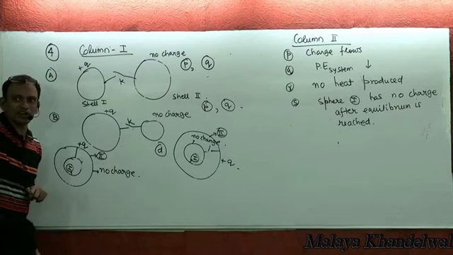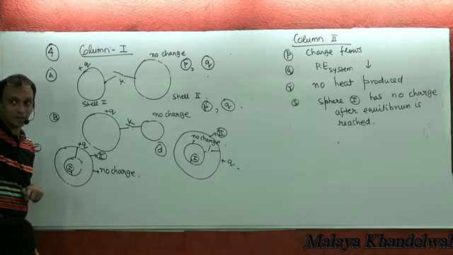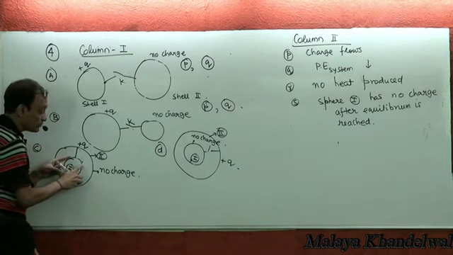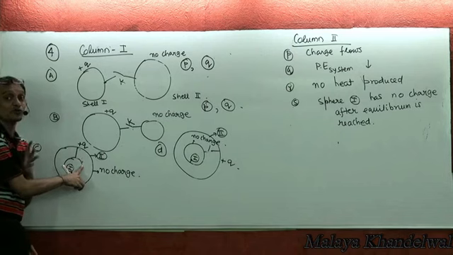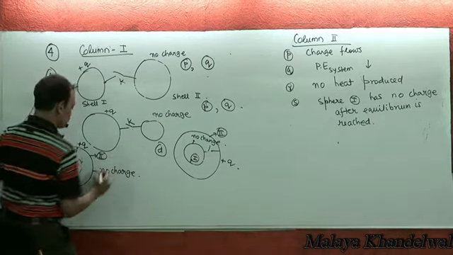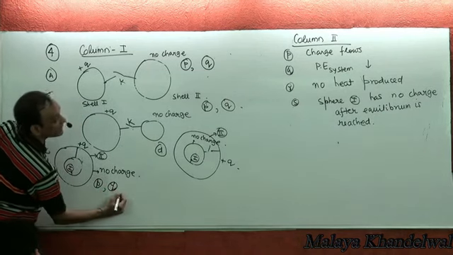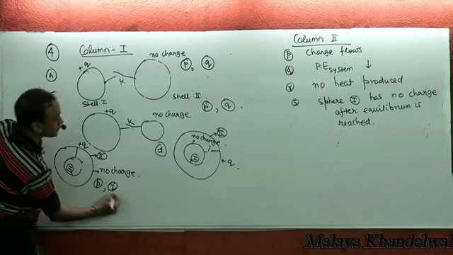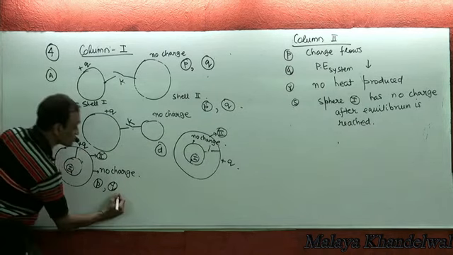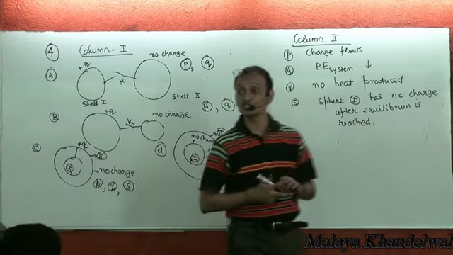This entire charge will rush to the outer surface. This was a discussion that took place sometime, right? And therefore, this shell 1 will have no charge. And of course, there would be flow of charge. P is true for this. Q is true for this. And S, sphere 1: yes, sphere 1 has no charge. So S is also true for this. P, Q and S are three options true for C.